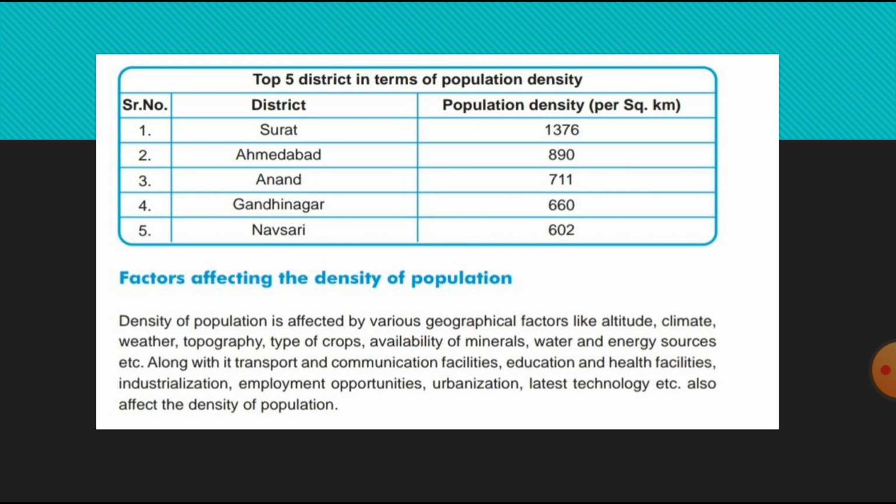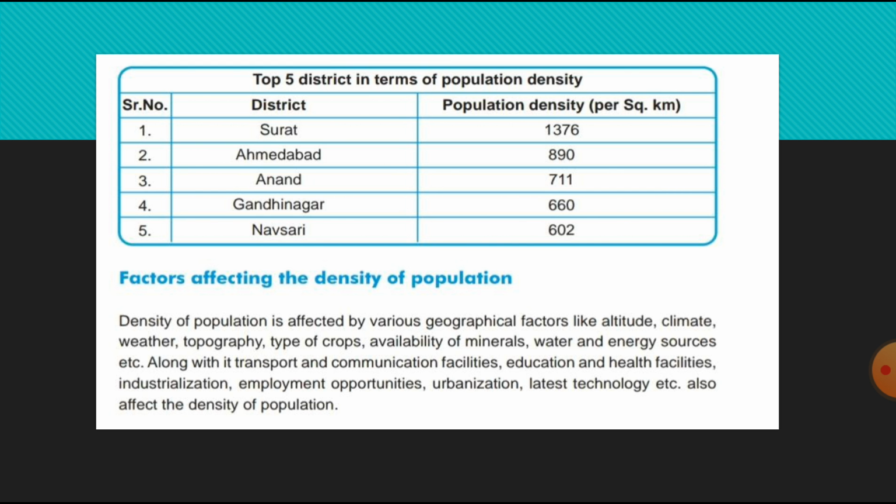The districts of Gujarat that have the highest density of population are Surat, Ahmedabad, Anand, Gandhinagar, and Navsari. And the highly populated districts of Gujarat that we discussed earlier are Ahmedabad, Surat, Vadodara, Rajkot, and Banaskantha.